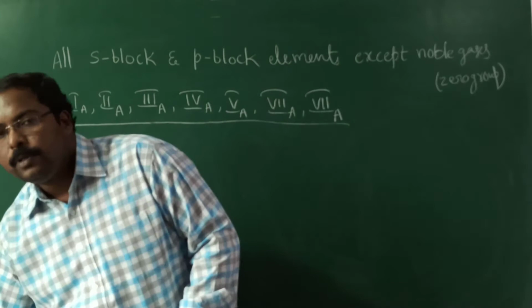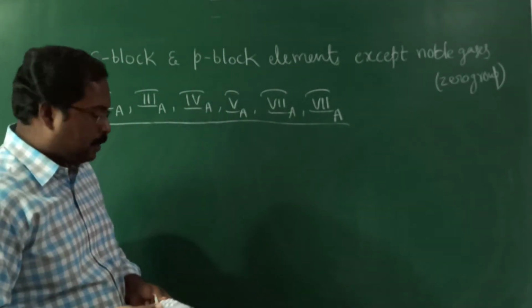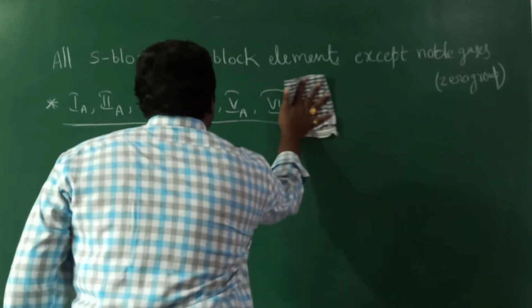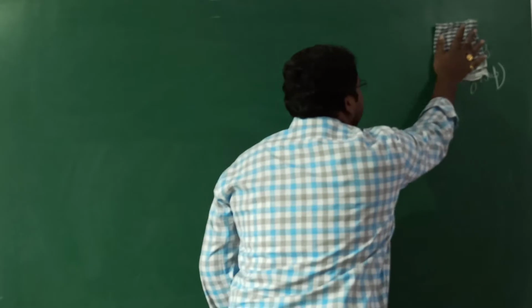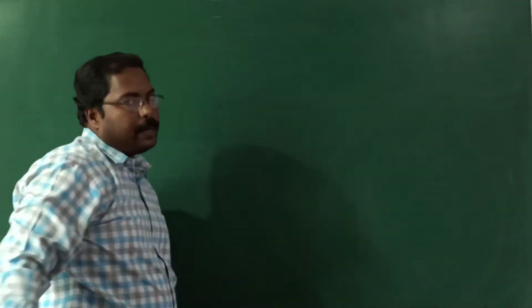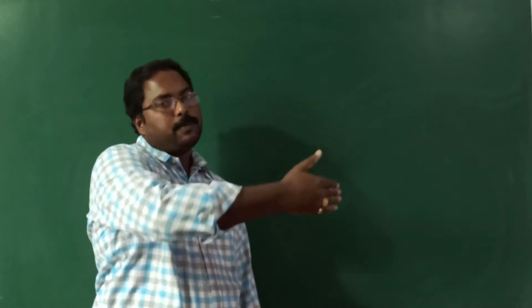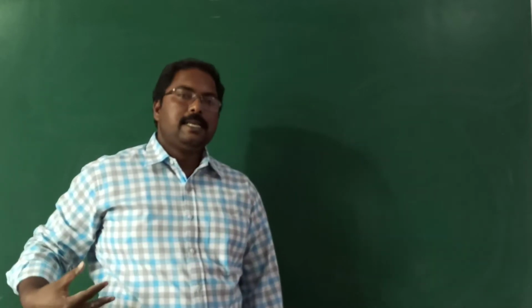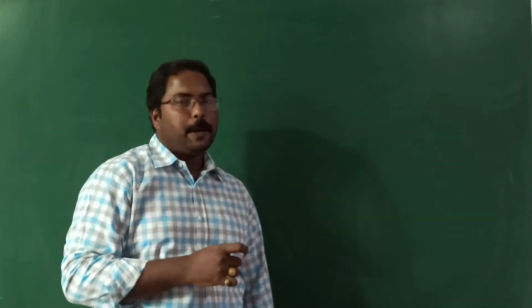Now let us discuss about the common properties of these representative elements. This is the third time we are going to discuss these general properties, because first I explained individual group wise. Even in the last class I explained about these S block as well as the P block general properties.